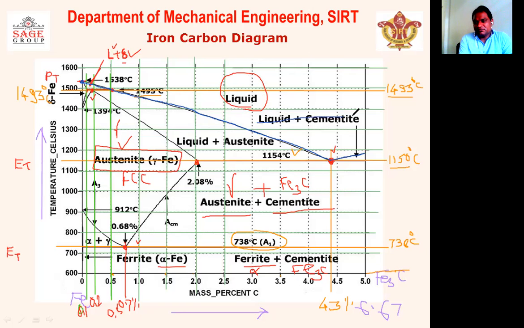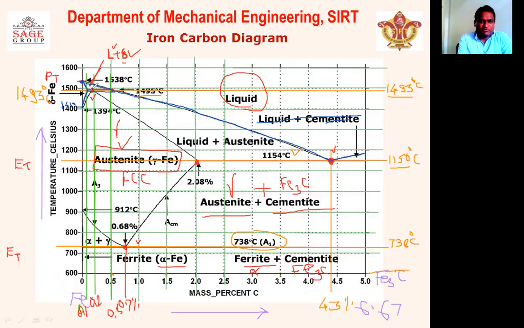Remove this part. Then join these all three points through a straight line. Then join this point to the first point at which the weight percentage of carbon is 1%. Then join this to 1400. It is not exactly at 1400, it is 1410 degrees Celsius.